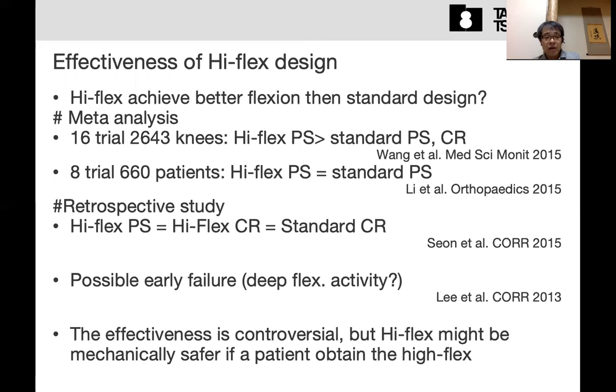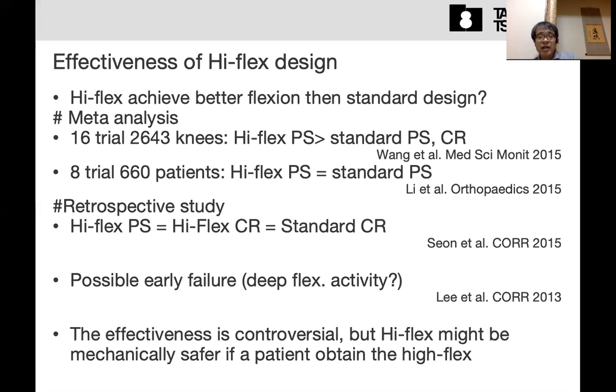So for example, Persona and NexGen: NexGen has thinner sizes in the same bone cut. So it implies that if we cut the bone and after the trial the flexion gap is too tight, we can select a thinner posterior condyle thickness.